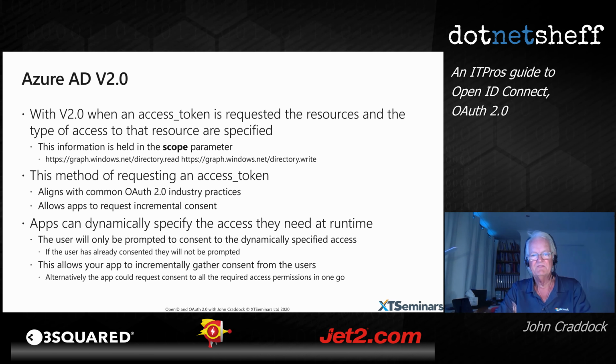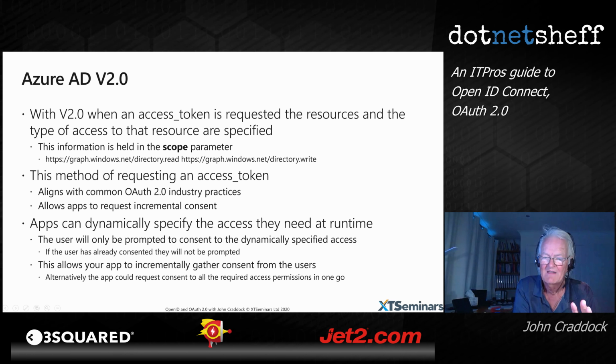The beauty of this is you do not need to hardwire the actual permissions in advance of the permissions being requested. And we can use incremental consent. So we could start off with just signing in a user. And we could say, to sign you in, we're going to ask permission to read your profile.